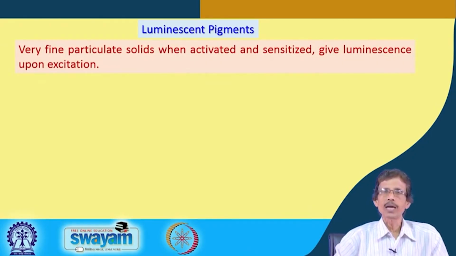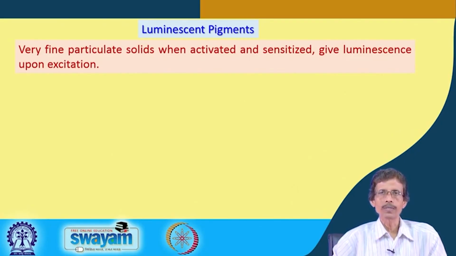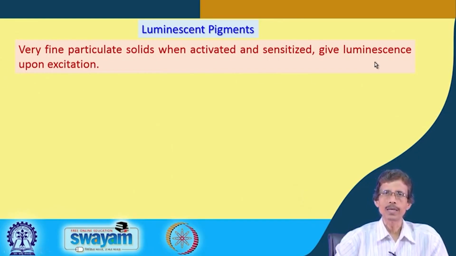So, we take very fine particles of these solids when we talk in terms of luminescent pigments, and those luminescent pigments have to be activated, either by the impingement of photons or any other radiation source, such that we go for the excitation of the material. When they emit radiation, they are showing either fluorescence or phosphorescence. So, they give the luminescence property upon excitation.